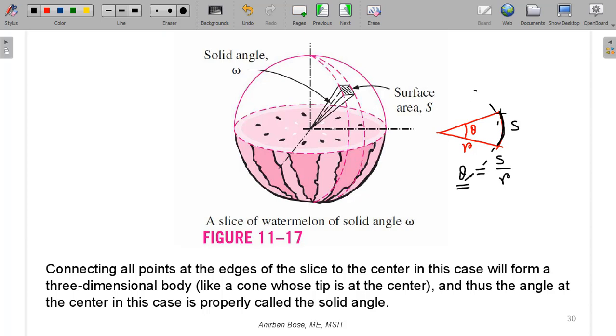So if you consider a spherical region as shown in this figure, you can see this is a spherical area that has been considered.